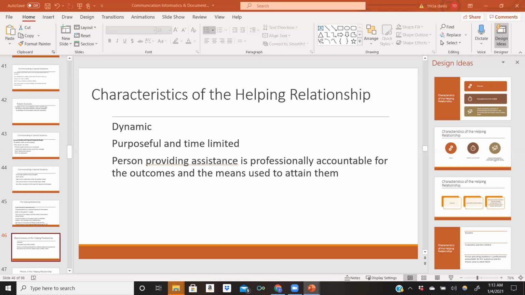And after that, it becomes another helping relationship with another nurse that you give report to at the end of the day. So although both parties, the nurse and the patient, in the helping relationship have responsibilities, the person that's providing the assistance is professionally accountable for the outcomes of the relationship. So that's the nurse. We are professionally accountable for the outcomes and the means used to attain them.